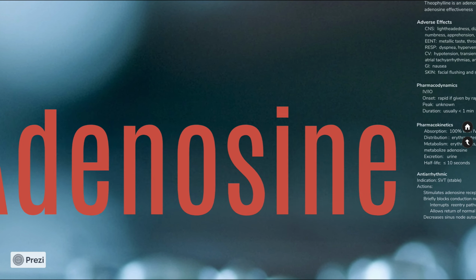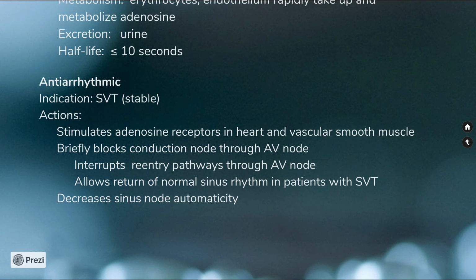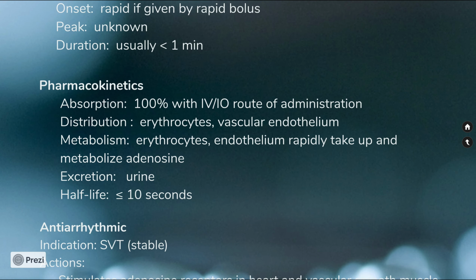We focus first on adenosine. Adenosine is an antiarrhythmic mainly indicated for supraventricular tachycardias. And this molecule decreases the frequency of the firing of the sinus node. I will not be discussing the details of this drug too much.